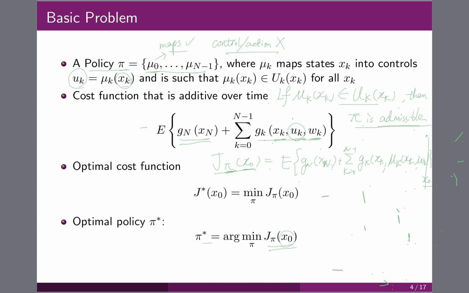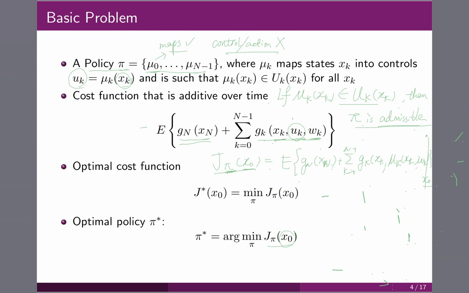So formally, with different x0 we may have a different pi star. But we can prove later that actually this pi star does not depend on x0. For different x0, we have a uniform pi star. This is what we can derive from the DP principle.